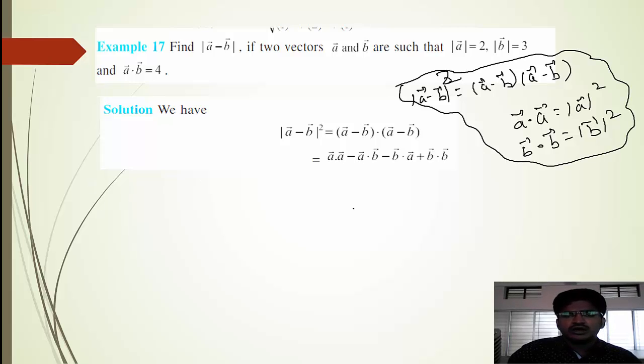Mod of vector A minus vector B whole square is equal to vector A minus vector B dot vector A minus vector B. Clear?